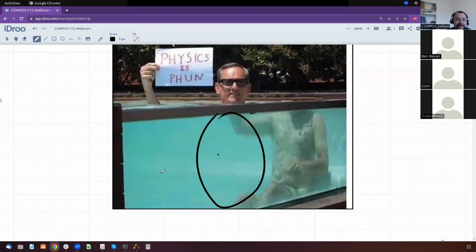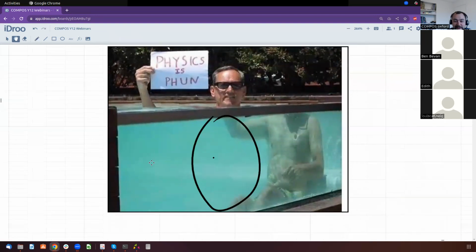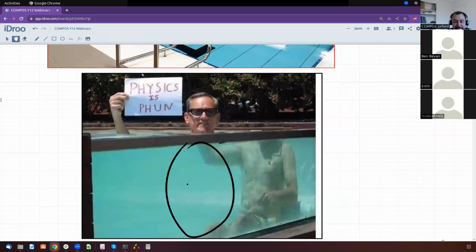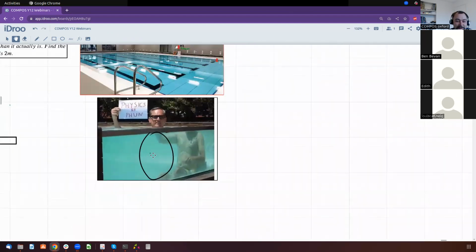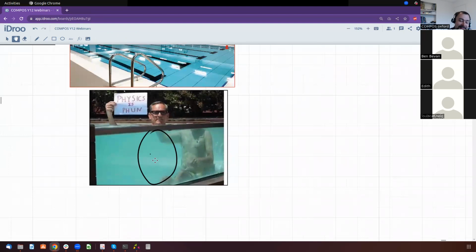Experience tells me that the body is usually underneath the head. So yes, this happens because light does not travel in a straight line here.